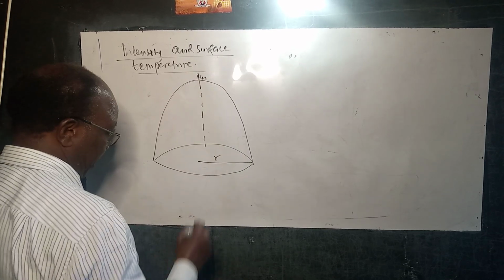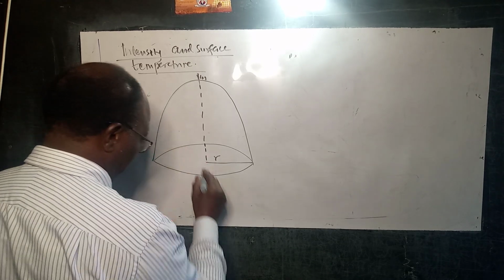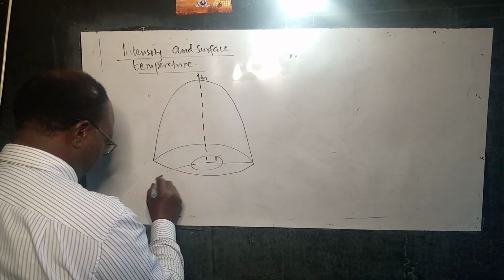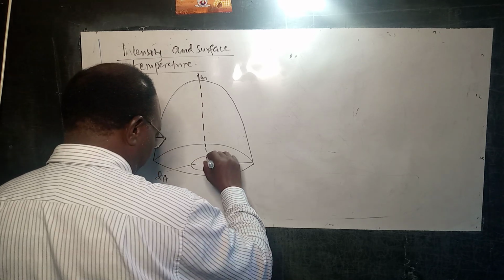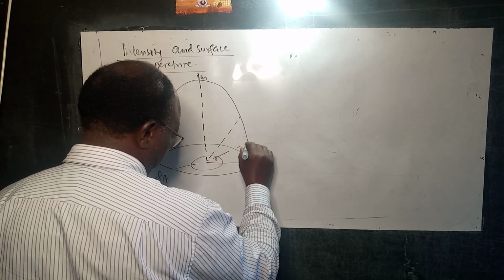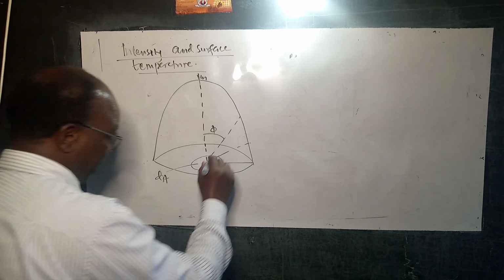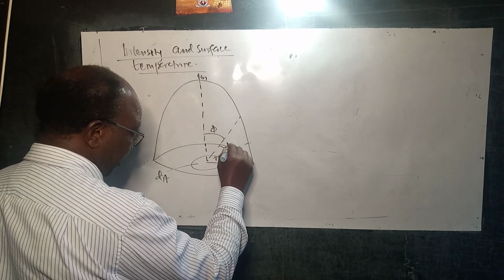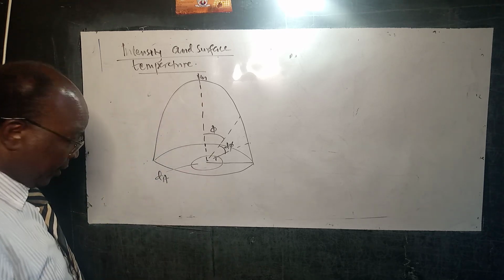The normal In. The dA. And we are saying that we have this strip at angle phi from the normal, and it subtends an angle d phi on dA.